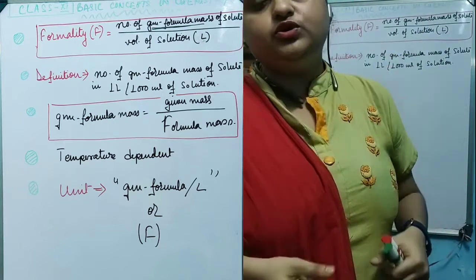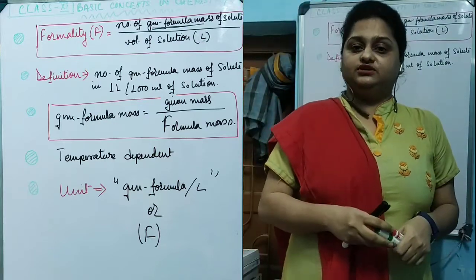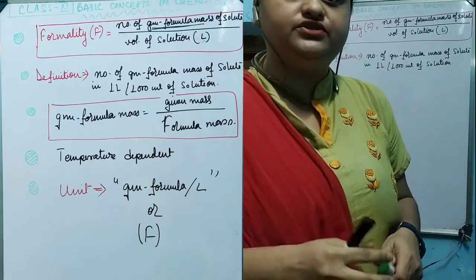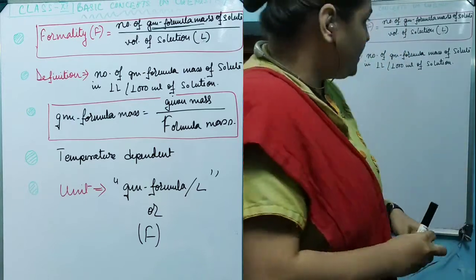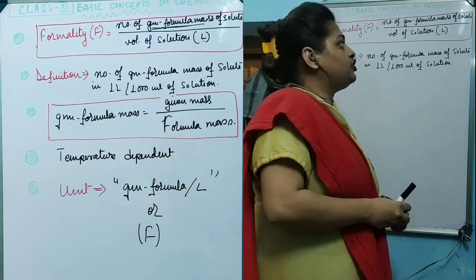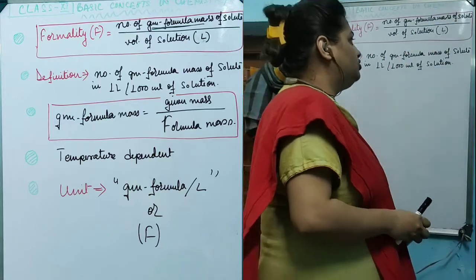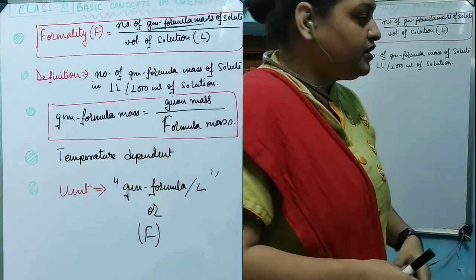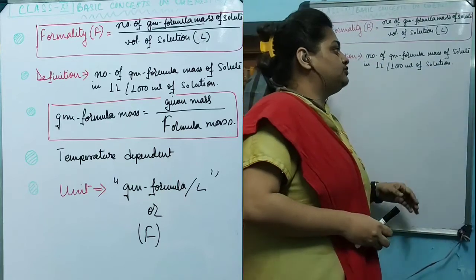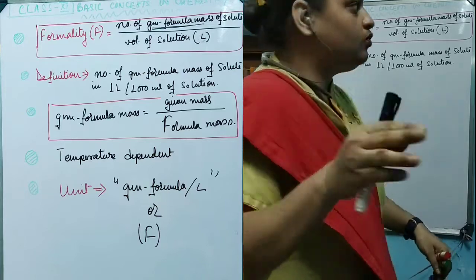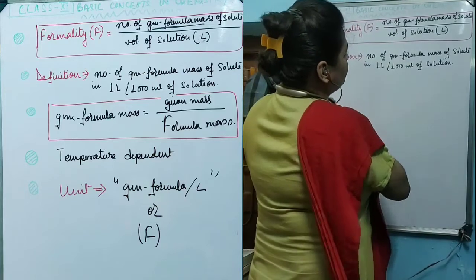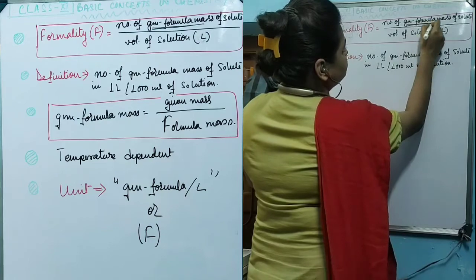Formality is the number of gram formula mass of solute per volume of the solution taken in liters, which is nothing but the number of gram formula mass of solute in 1 liter, or 1000 ml, of solution.